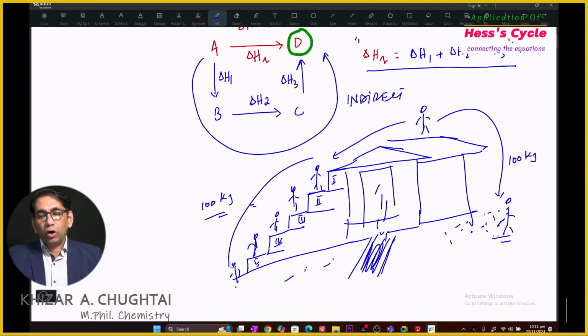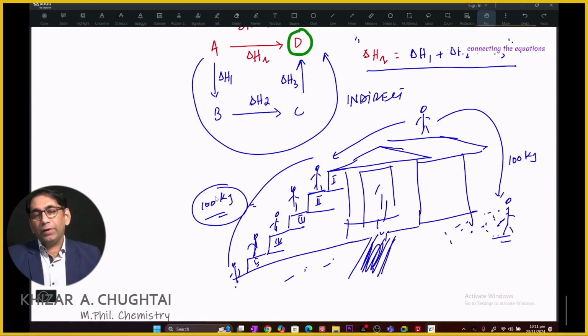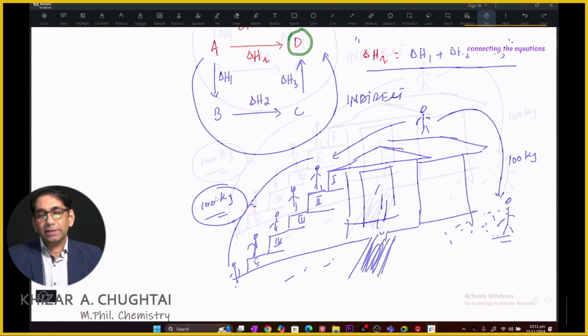So the sum of the enthalpies of all these steps will also be equal to 100 kilojoules. This is the basic meaning of Hess's cycle or Hess's law.